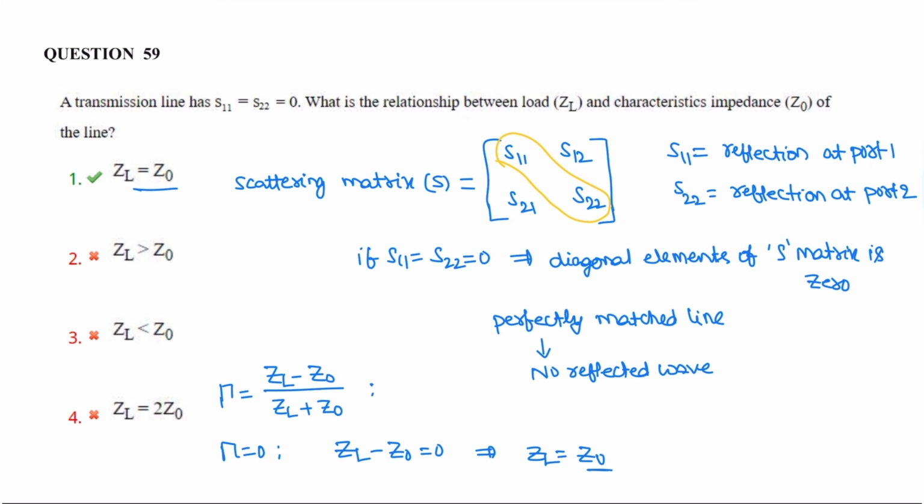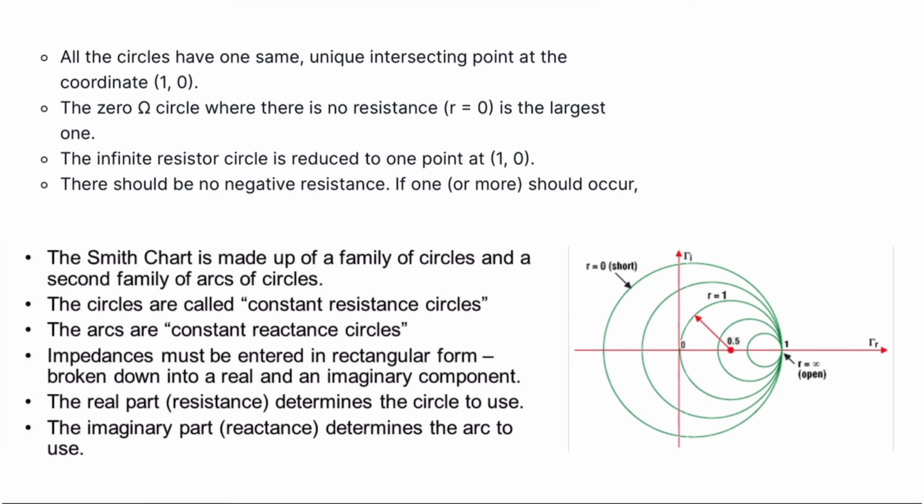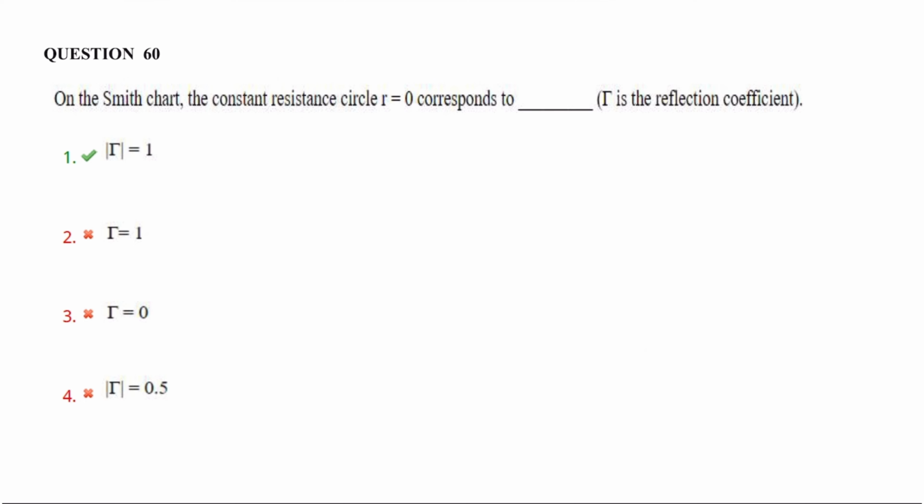Next question. In a Smith chart, constant R circle R is equal to 0 corresponds to what? In a Smith chart, the radius of the circle is equal to 1 by 1 plus R, and the center of the circle is R by R plus 1 comma 0.